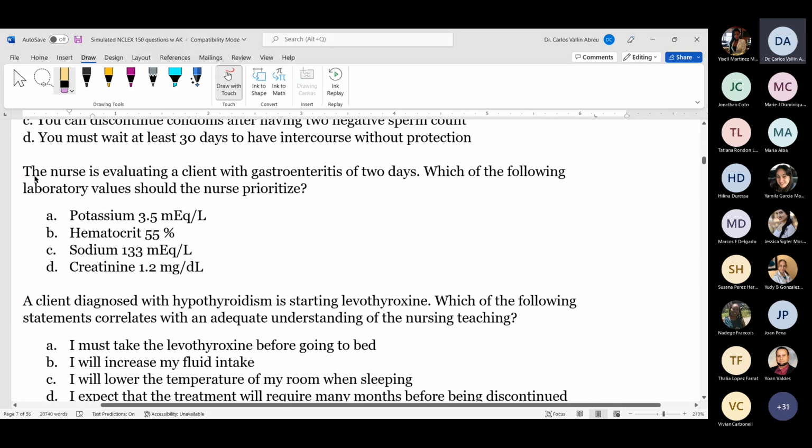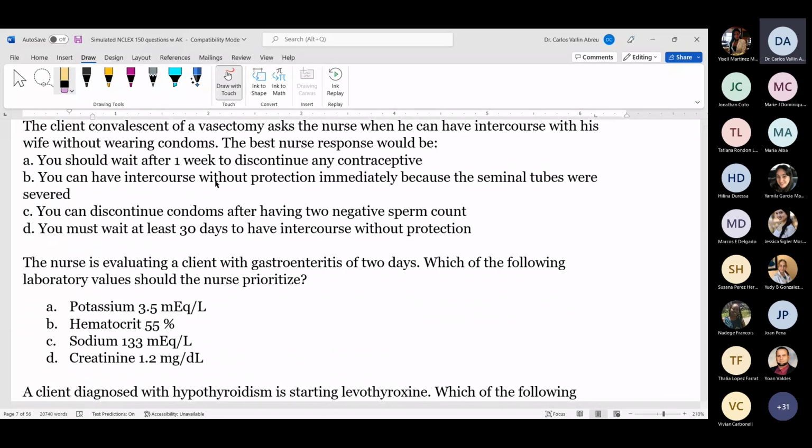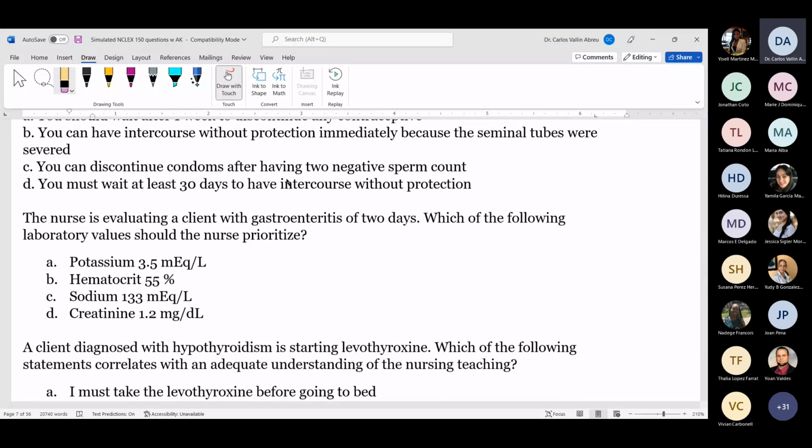Very good. After this procedure, blood in the sperm is normal, is not alarming, and there is no contraindication to have sex, but with protection. It is what you need to know.